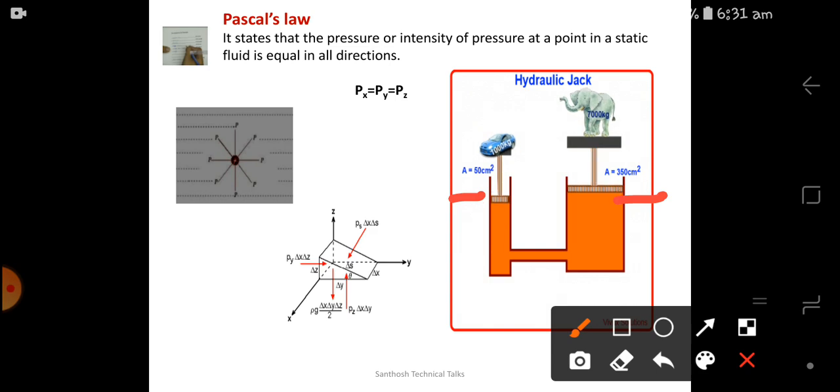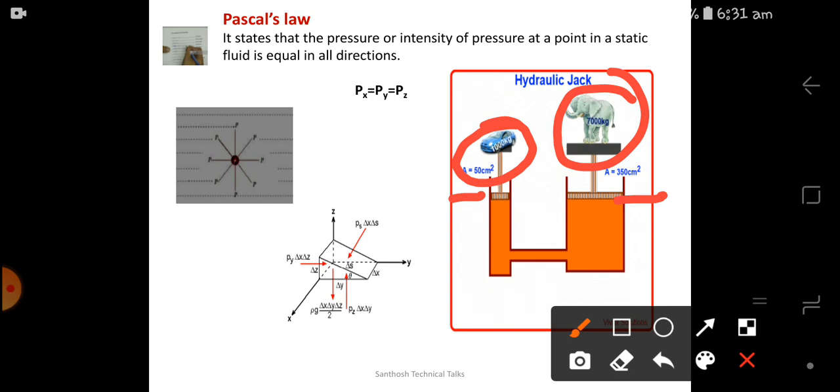Here you can see 1000 kg of load is applied and 7000 kg is being lifted. That is the power of fluid pressure. With this small amount of force, we can lift a huge load. That is the indication of Pascal's law.